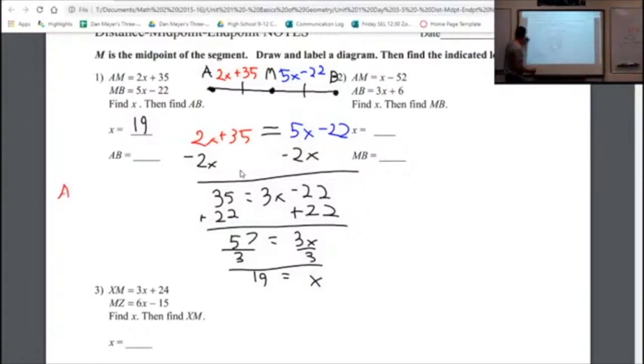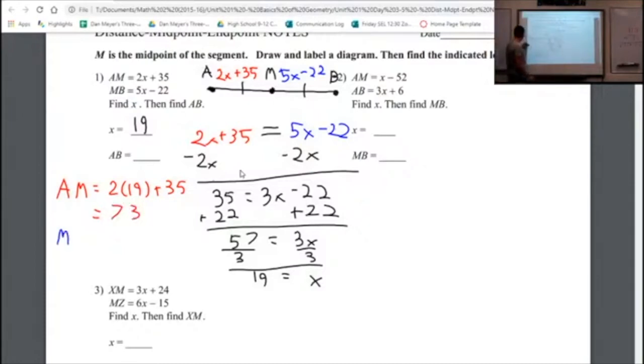So we know that A to M and M to B should be the same if we did it right, because the pieces should be equal. A to M is the 2x plus 35, so it should be 2 times 19 plus 35. 2 times 19 is 38, and 35 is going to be 73.